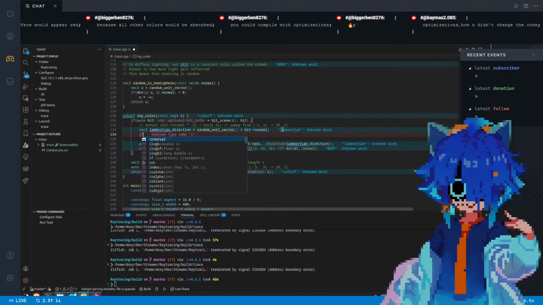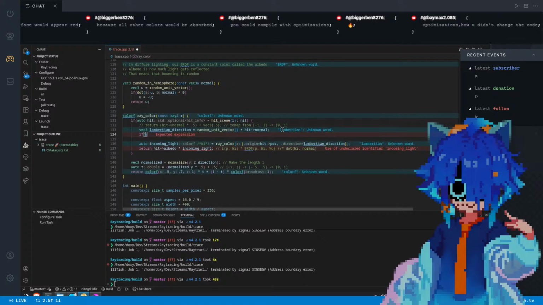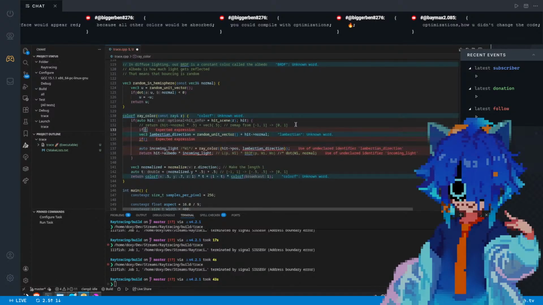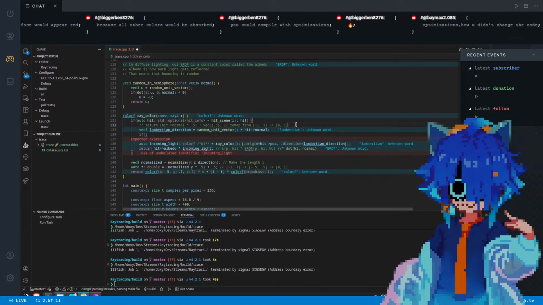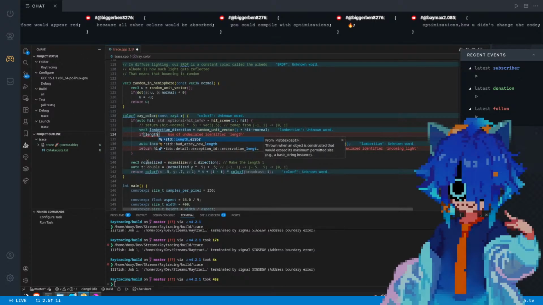We do have a little problem where if the random vector is very close to like -1, so if our Lambertian direction dot length squared is really short, less than 0.1, if it's very close to 0, we get problems, like a crash.